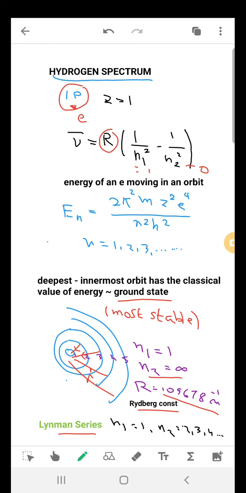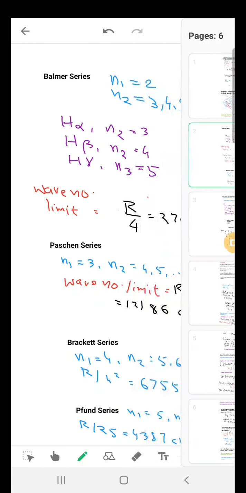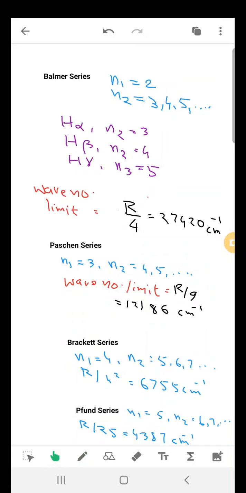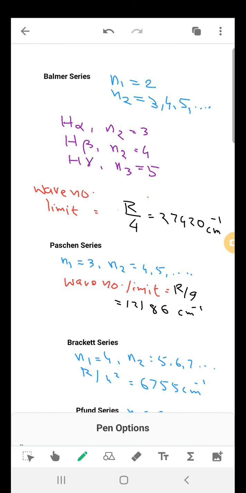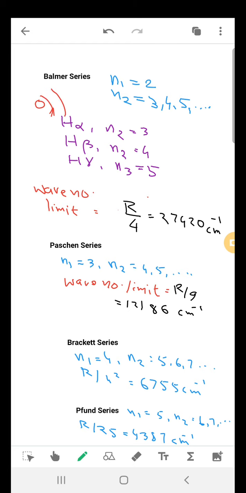Similar to that, we can have other series as well, like the Balmer series. The Balmer series has n1 equal to 2. If this is the nucleus, the first state gives the Lyman series, and now the electrons jump to higher excited states and when they come down to n equal to 2, they form the Balmer series.